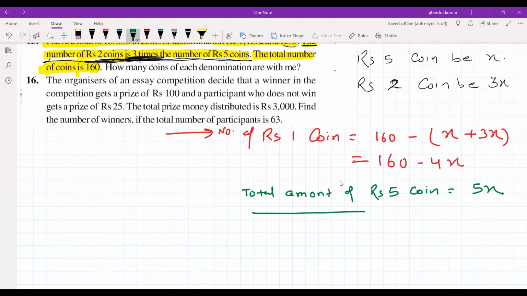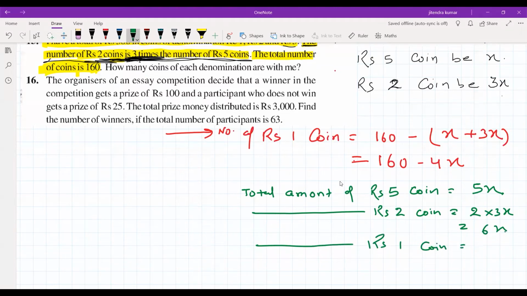Similarly, total amount of rupees 2 coins will be 2 into 3x, that will be equal to 6x. And total amount of rupees 1 coins will be equal to 1 into this total number, and this will get multiplied by 1. So this will give the same 160 minus 4x only.